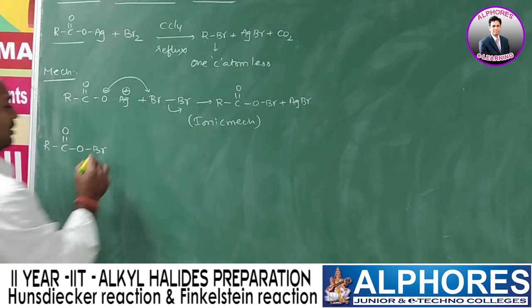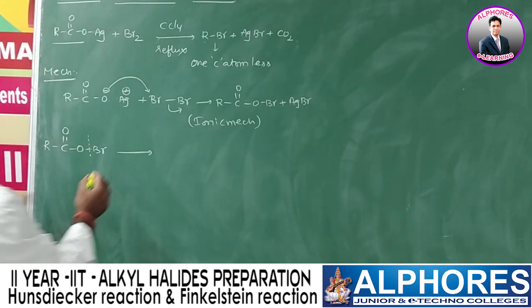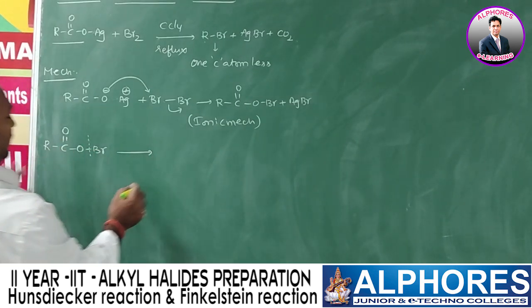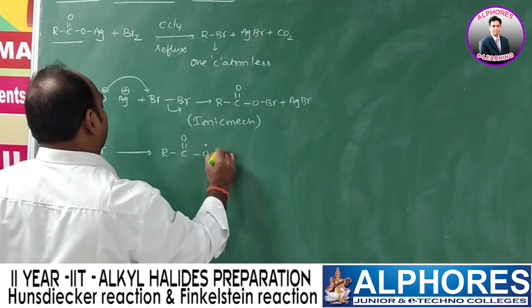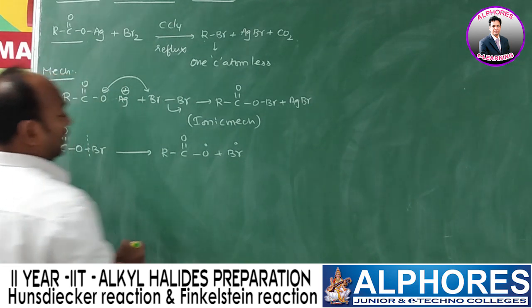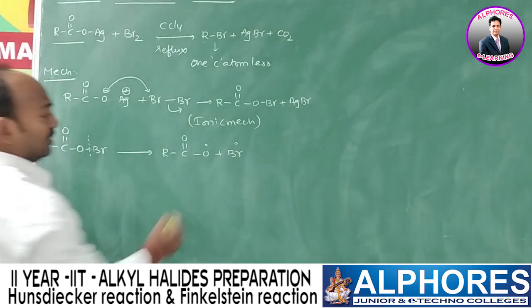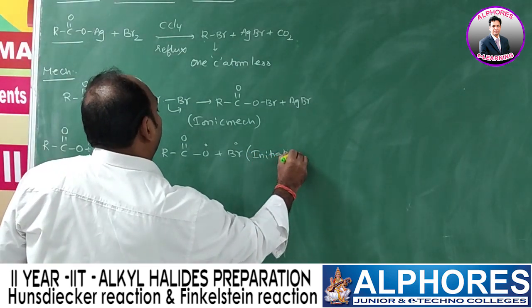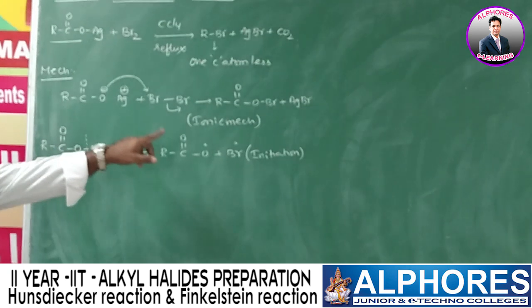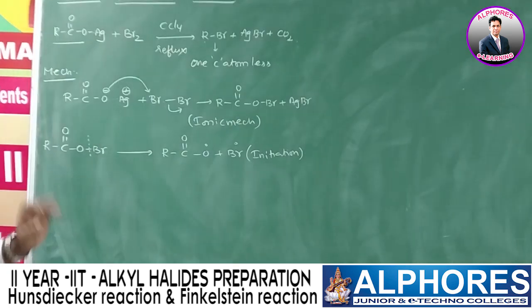After formation of RC=O OBr, this undergoes free radical homolytic fission, generating the free radicals RCOO radical and Br radical. So from a neutral molecule we are getting two free radicals. This is what we call initiation. The previous step follows an ionic mechanism, and from the second step onwards it follows a free radical mechanism.